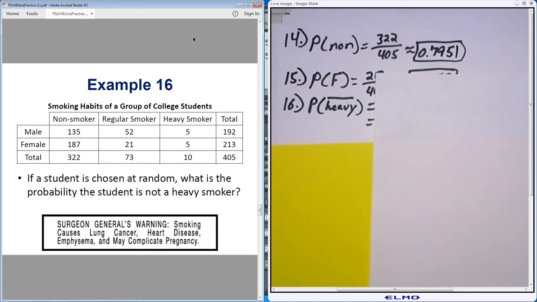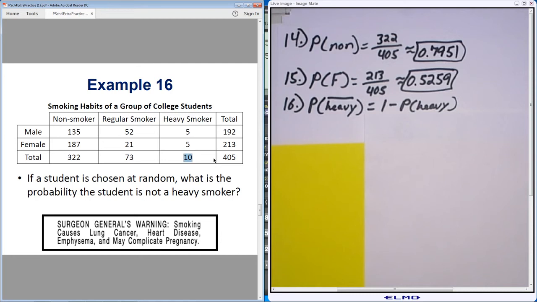All right, number 16 says, what's the probability the student is not a heavy smoker? In my notation, I wrote probability of heavy and put a bar over the heavy. That means not heavy, so I'm using the complement rule. I'll find 1 minus the probability of being a heavy smoker.